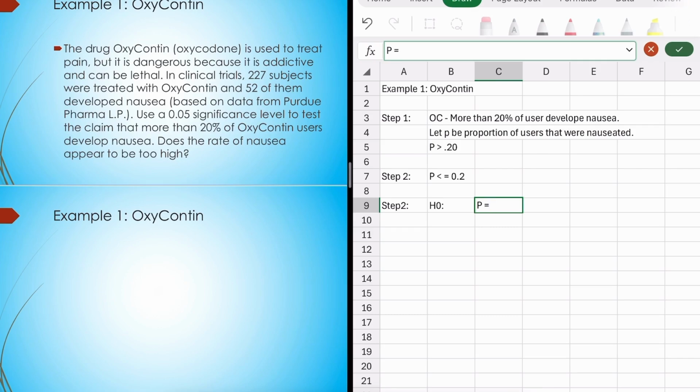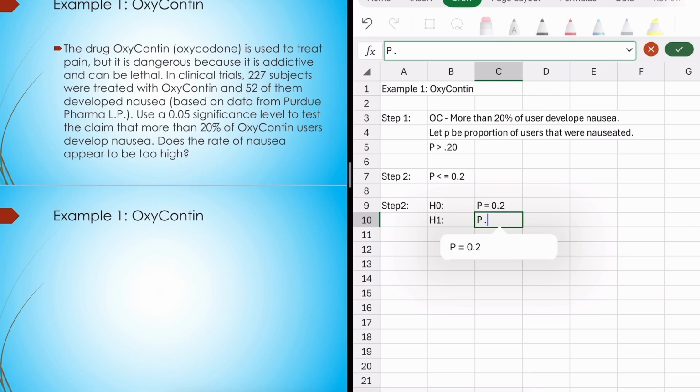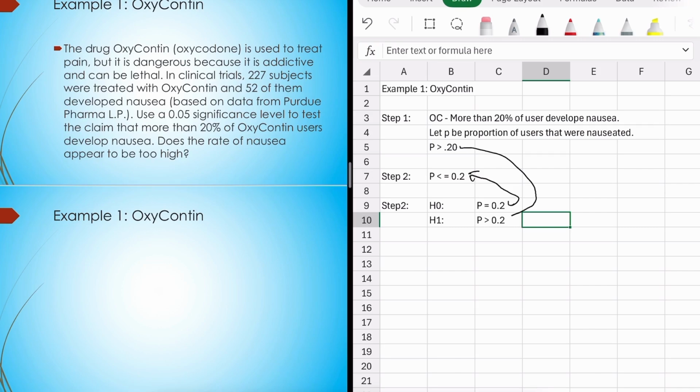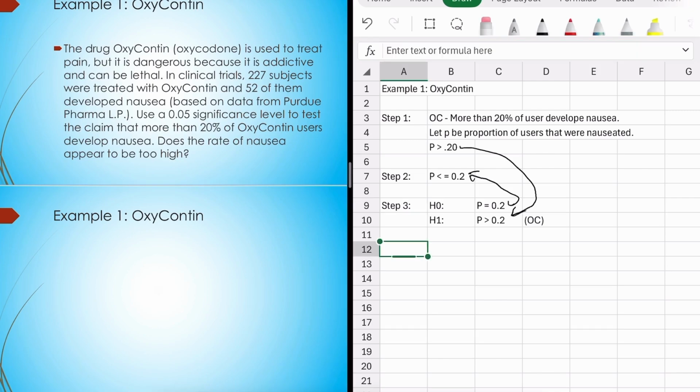So P equals 0.2, and the alternative hypothesis is P is greater than 0.2. This one did not have equality. My original claim is in the alternative hypothesis. Whoops, I did step 2 twice. Okay, there. All right, now, step 4.